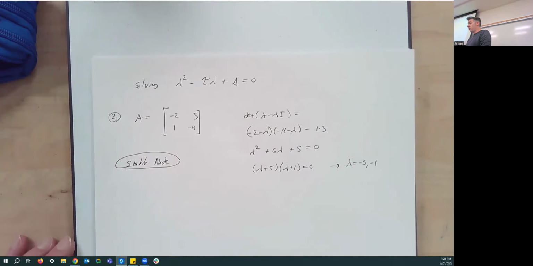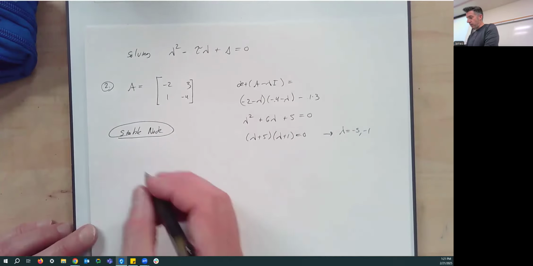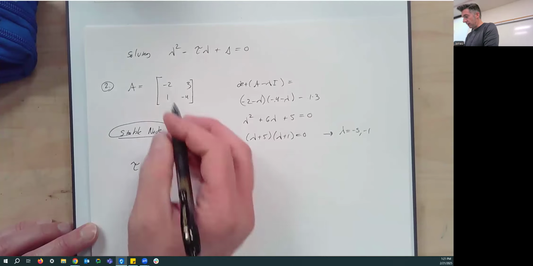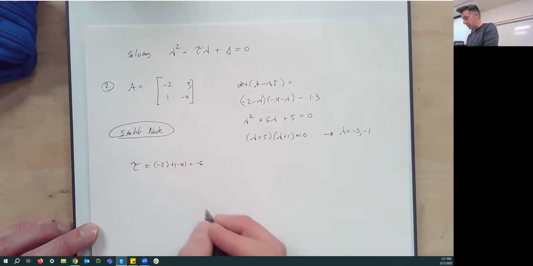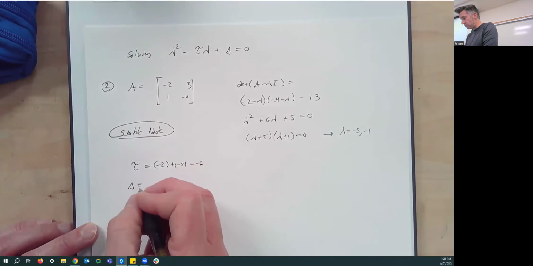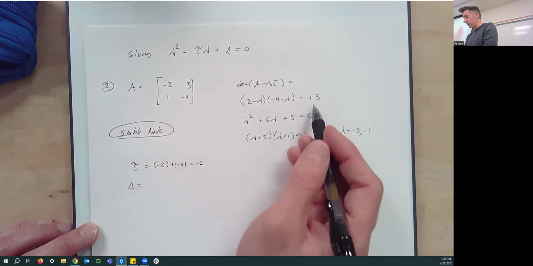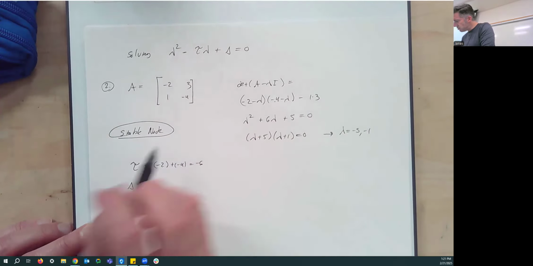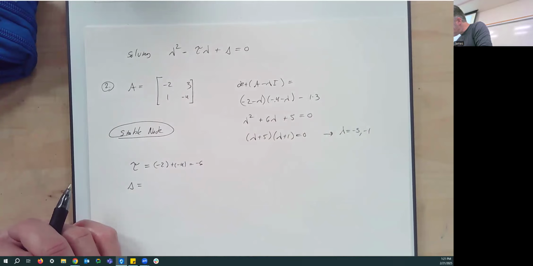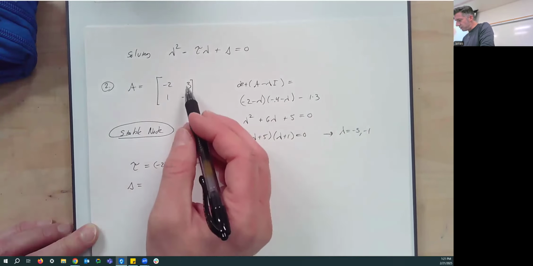Or to look at it the other way, I can say my trace is -2 plus -4, which is -6. And my determinant should be -3. Let's check. Sorry. Looking at my notes here. Okay, yeah. That's a 3 there, right?